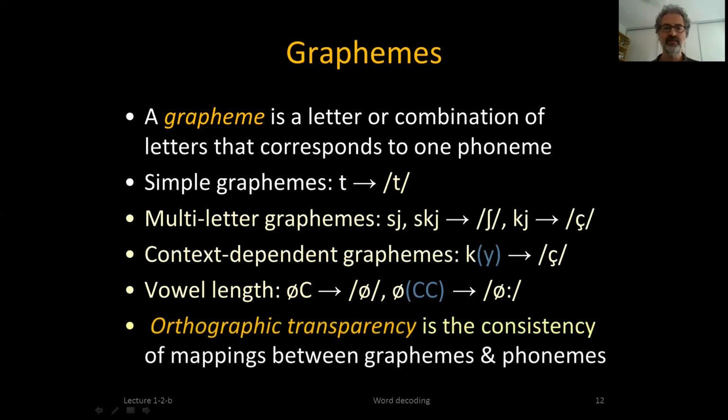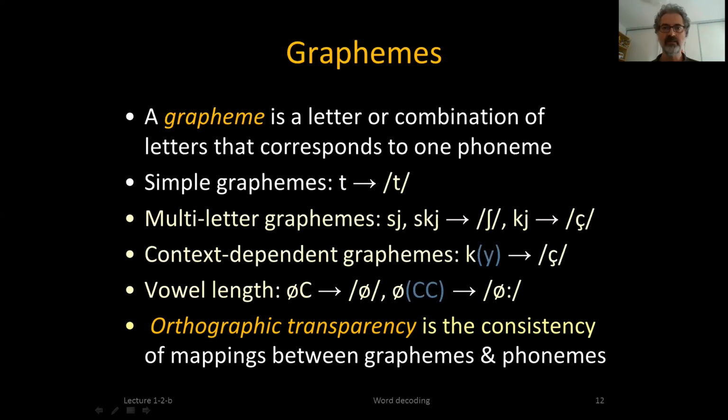The consistency of mappings between graphemes and phonemes is called orthographic transparency. So a grapheme that always corresponds to the same phoneme is consistent. A grapheme that can map to multiple phonemes is inconsistent, and vice versa. A phoneme that's always spelled the same way is consistent. A phoneme that can be spelled multiple ways is inconsistent.